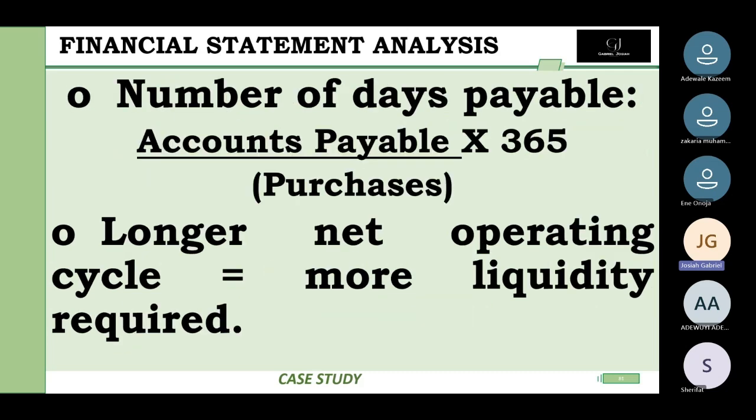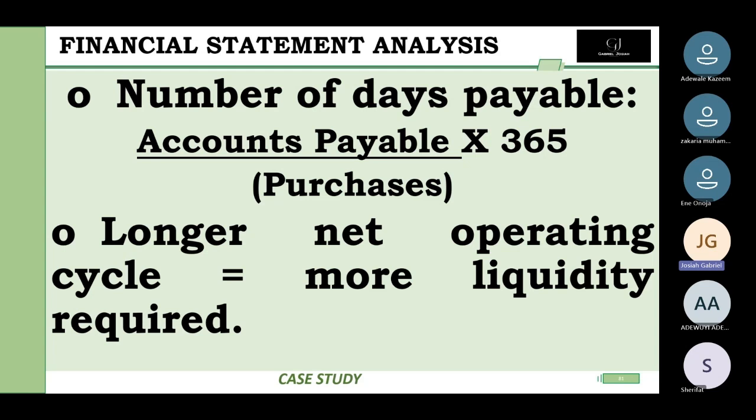So the net operating cycle is the number of days in inventory, like we've calculated, and the number of days in receivables added, then deduct the number of days in payable. And the number of days in payable is your accounts payable, which is a debt, expenses you owe in the short run, divided by the credit purchases you made. Take note of it, credit purchases. Where you don't have credit purchases, you use your cost of goods sold. It's a replaceable denominator for this expense.